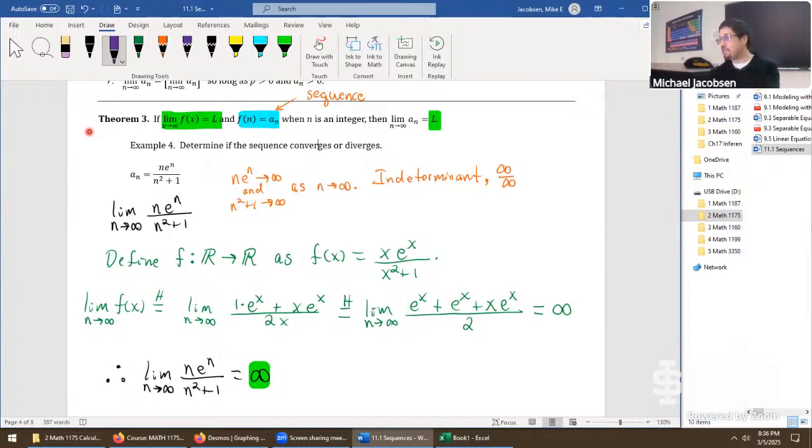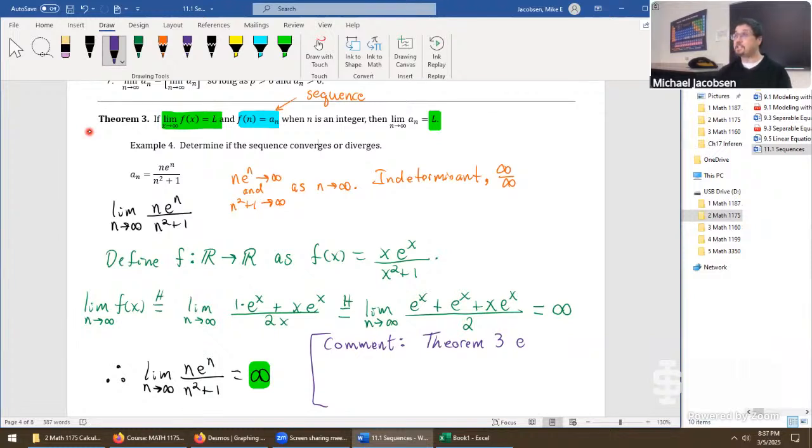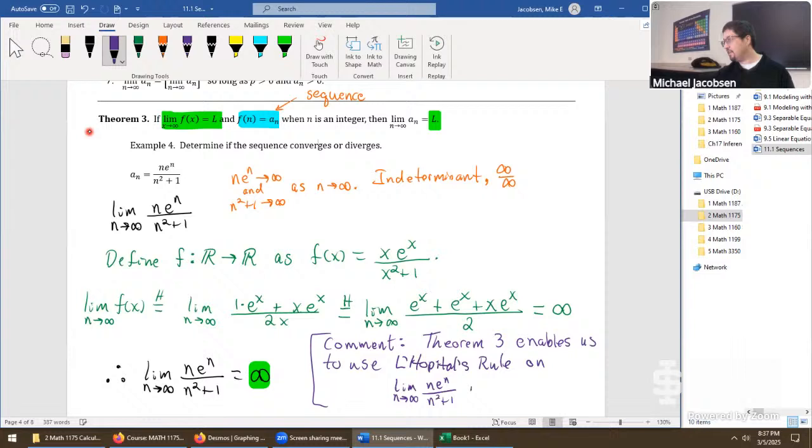But I have one additional comment. The big overall statement about theorem 3 is that it enables us, if you choose to do so, to use L'Hopital's rule on limit n to infinity, n times e to the power of n squared plus 1.